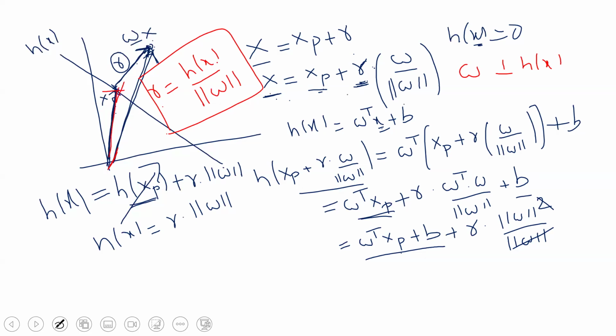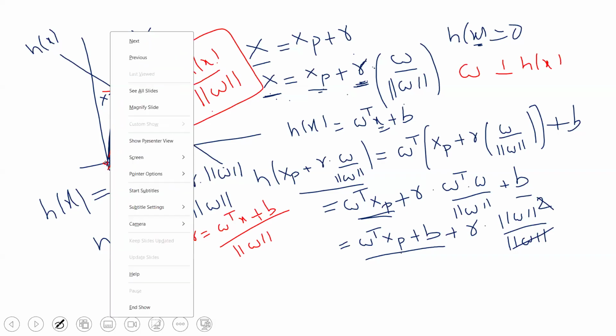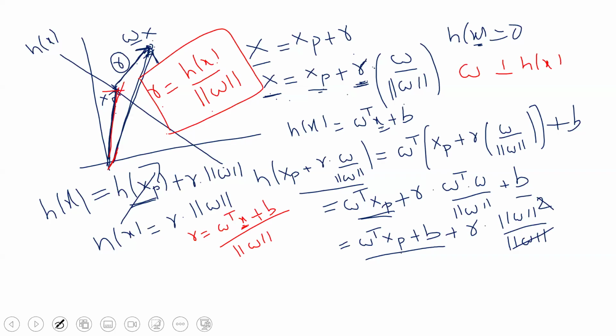You know the distance from any point can be calculated by this formula, h of x equals w transpose x plus b, divided by modulus of w. Now we are trying to find the distance of the hyperplane from the origin. So x becomes the two-dimensional vector 0, comma 0. Any weight vector multiplied by x will become 0, so the distance becomes b by modulus of w.